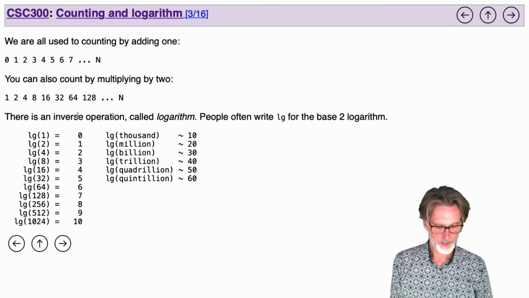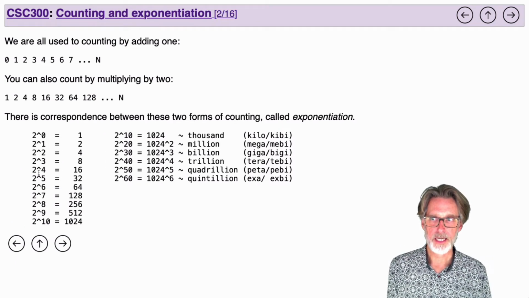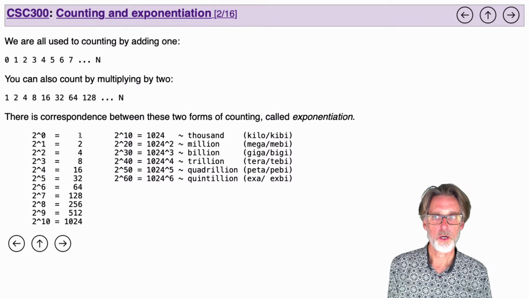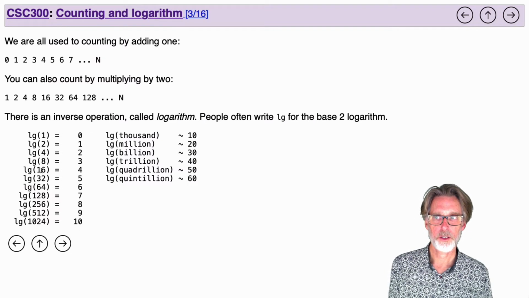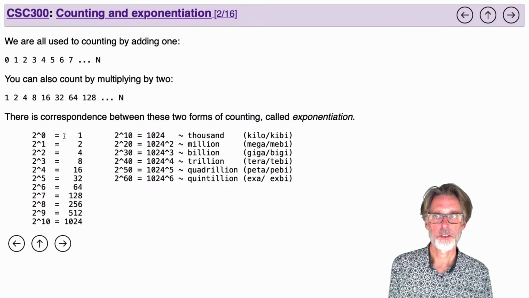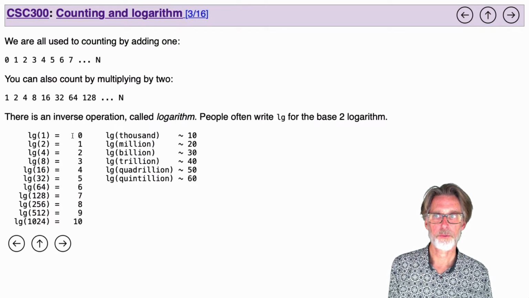If we simply take this table that I've written down and reverse the two sides, so I'll take 1 to 1024, put it on the left, and now the numbers 0 to 10, we'll put them on the right. Note that what I'm doing here is simply the inverse of the exponential. That's called the logarithm. So what is a logarithm?